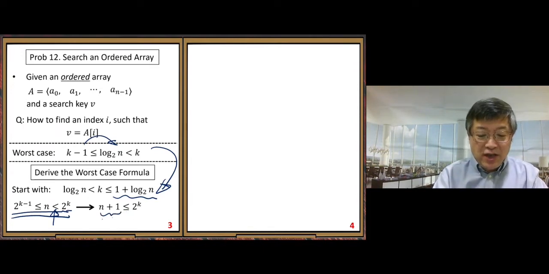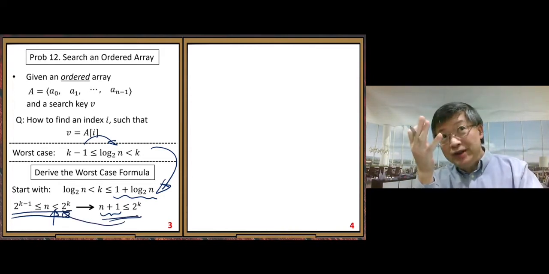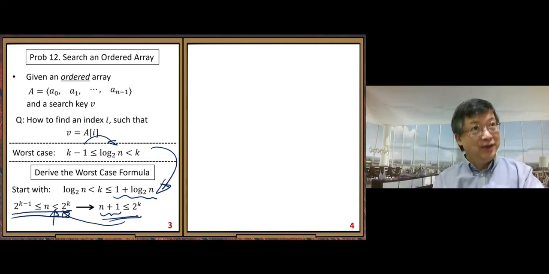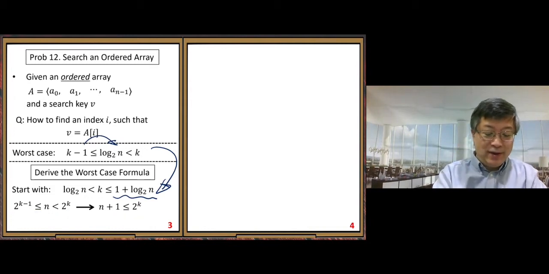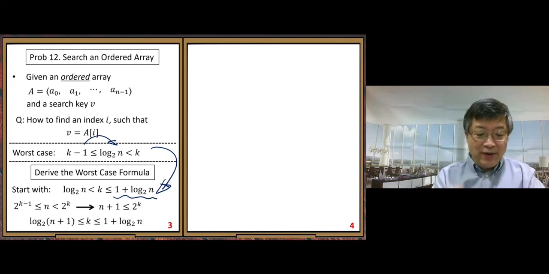So you can see this inequality is slightly better than the original one. We improve to n plus 1 less than or equal to 2 to the k. That improvement has its own value. All right, now we take a logarithm.